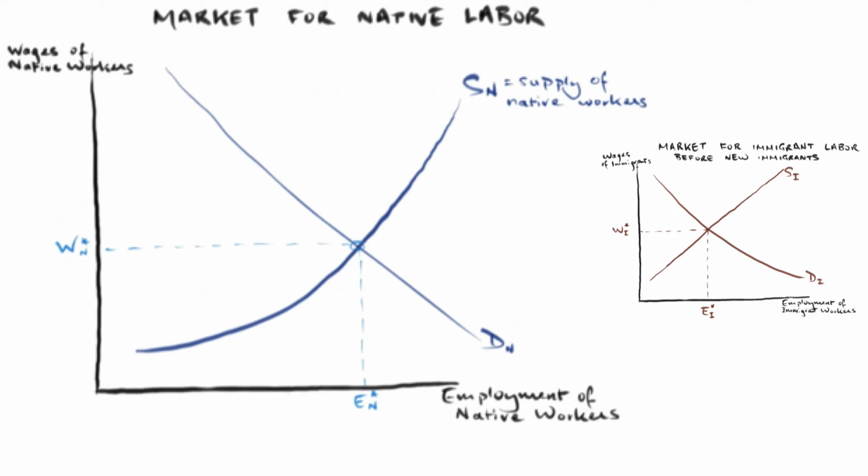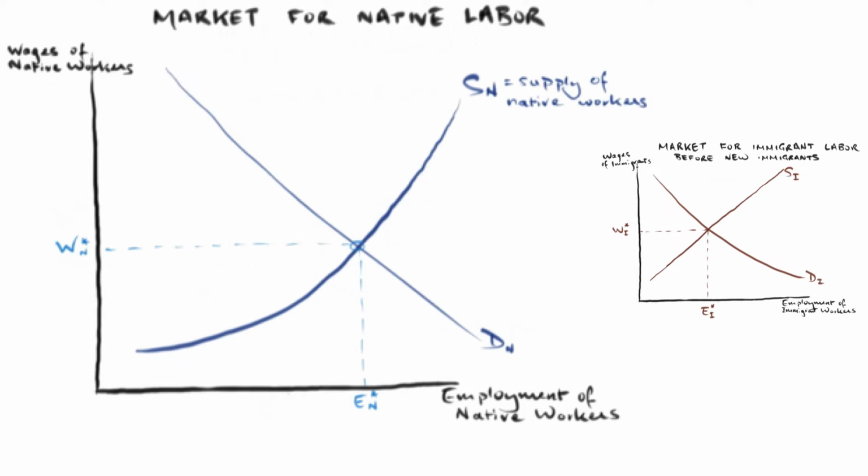Employers are using these two different types of labor, and a change in the price of one type of labor will impact employers' demand for the other type. Right here in this slide, I have my initial setup for the two markets. We've seen this before. Here's equilibrium before the arrival of new immigrants.